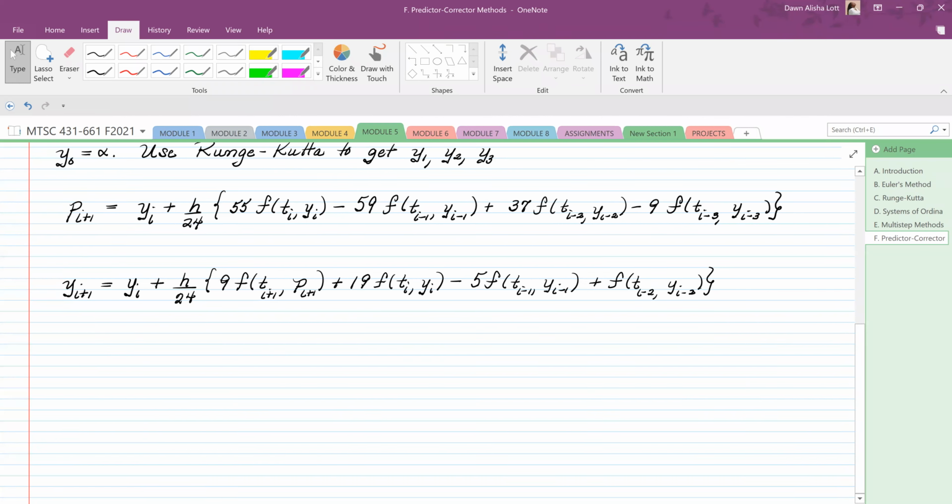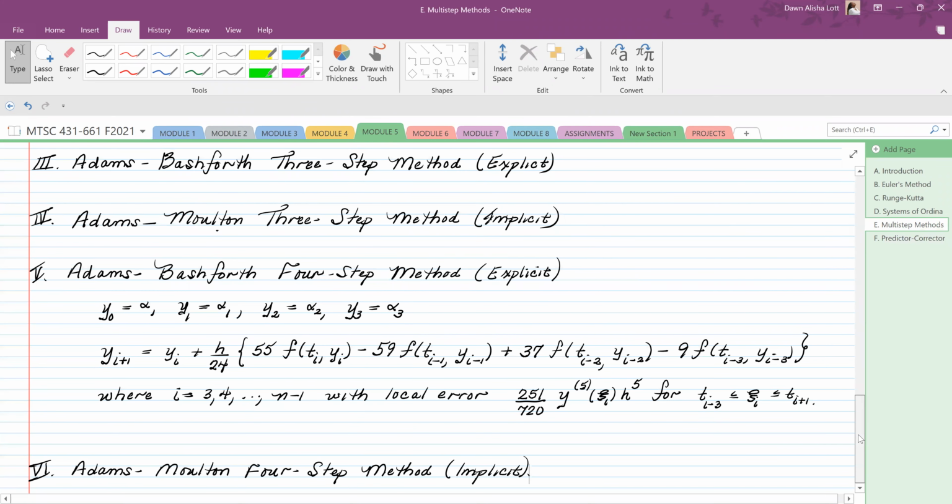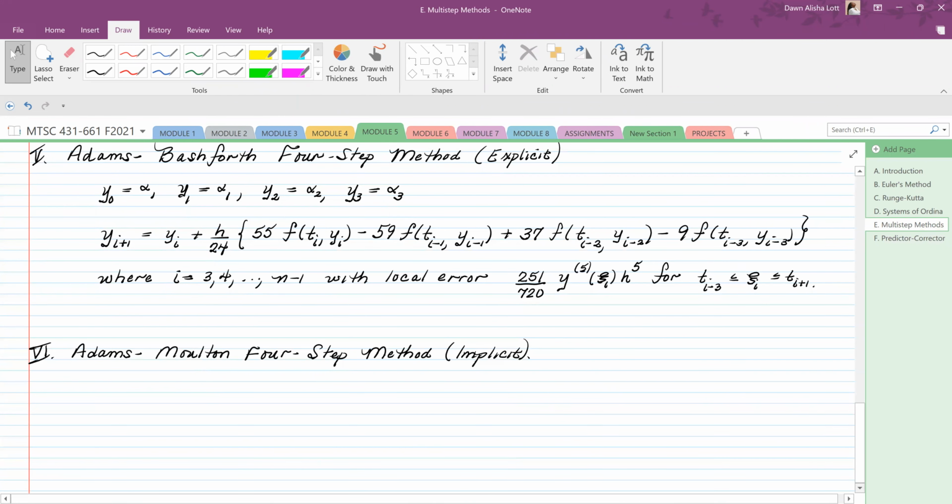Actually, let me go back to where I had the multi-step methods for a moment. I may as well write in the Adams-Moulton because we're using it. So you need y0 equals alpha, y1 equals alpha 1, y2 equals alpha 2, and y3 equals alpha 3.